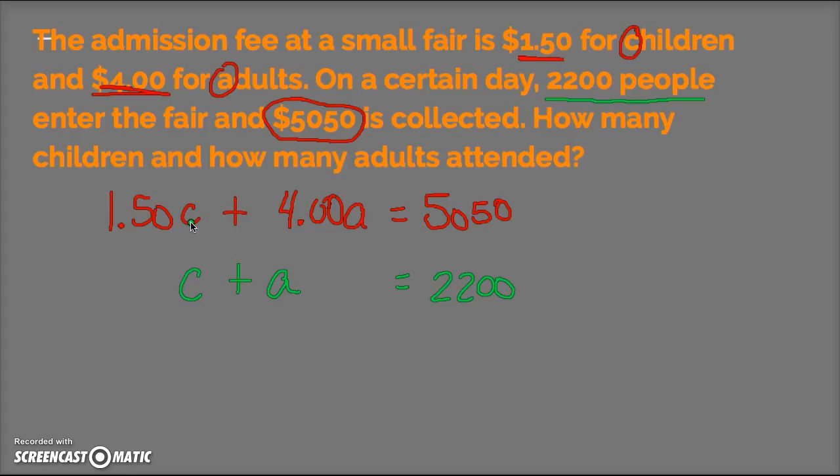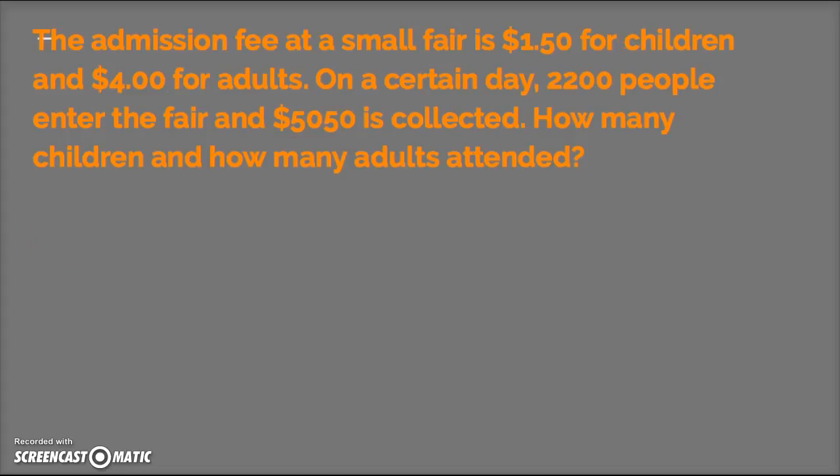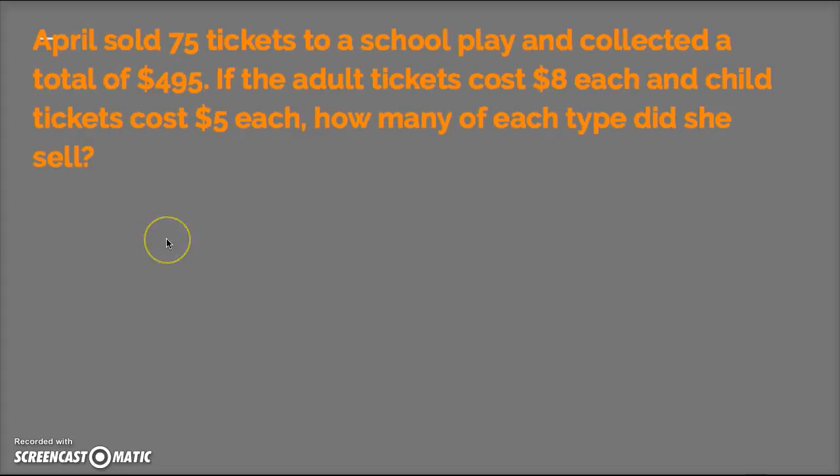Okay, we're going to look at one more. It says April sold 75 tickets to a school play and collected a total of $495. If the adult tickets cost $8 each and child tickets cost $5 each, how many of each type did she sell?